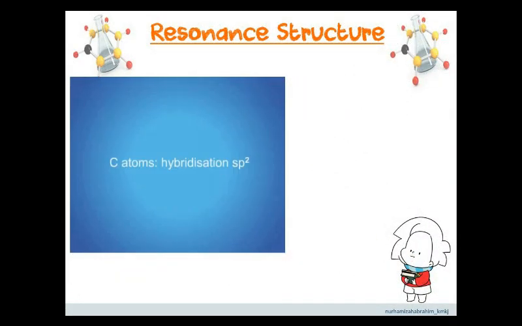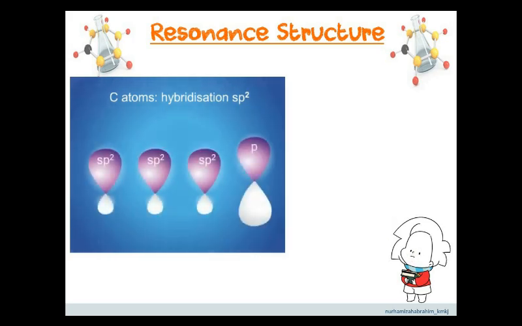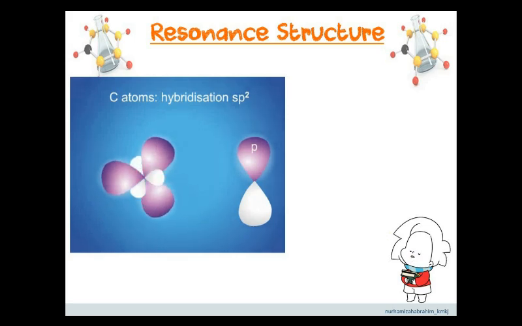All 6 carbon atoms are sp2 hybridized. In this type of hybridization, 3 sp2 hybrid orbitals and 1 unhybridized p orbital are formed. You may remember that the 3 sp2 orbitals are oriented at 120 degrees with respect to each other, forming a planar triangular arrangement. The p orbital is perpendicular to this plane.